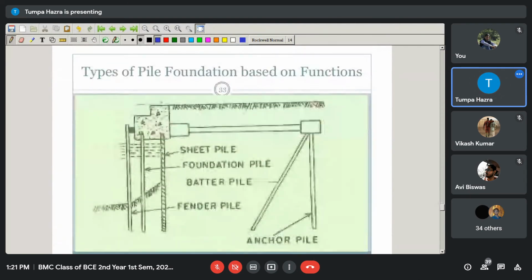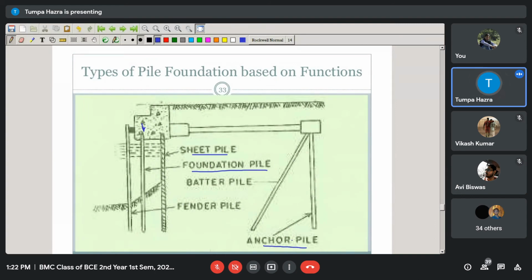Here you can see that there are different types of piles. This is the original foundation pile. These piles carry the compressive load of the building. Then sheet pile. Sheet piles do not carry the load, but act as a retaining wall constructed adjacent to soft soil or some water structure.